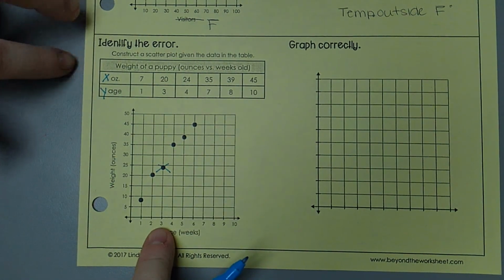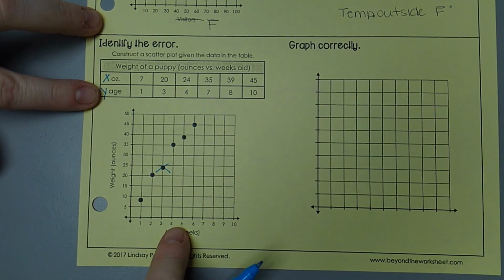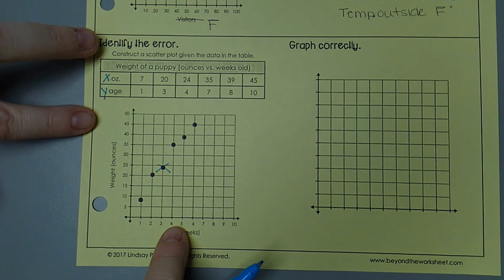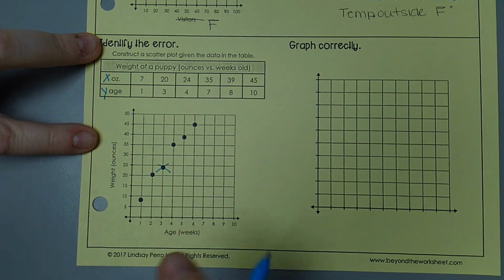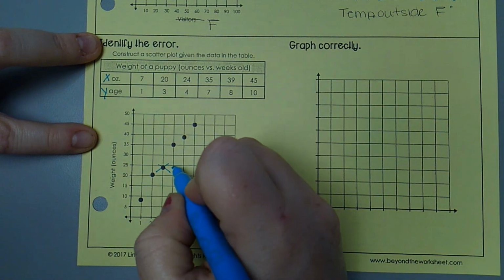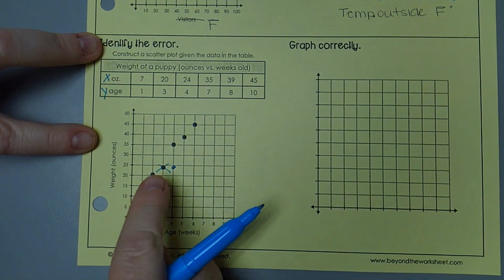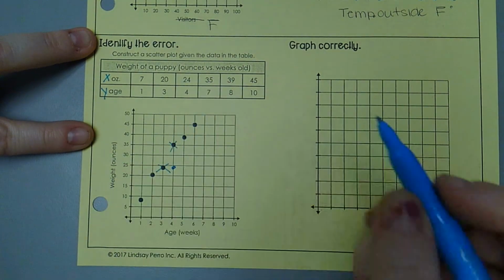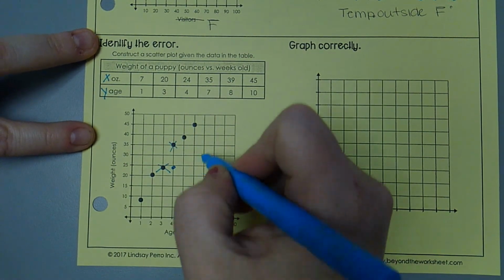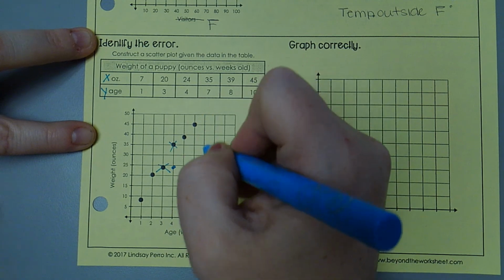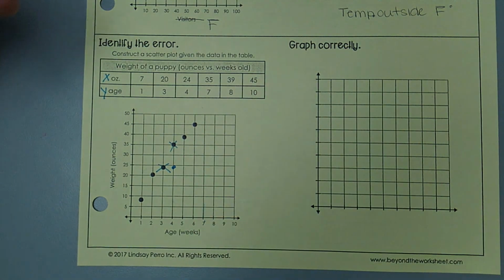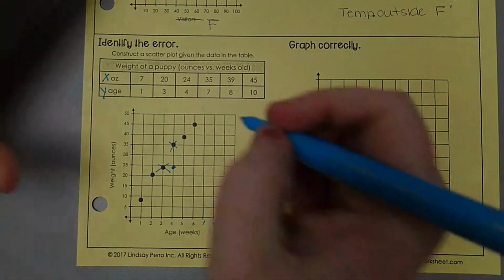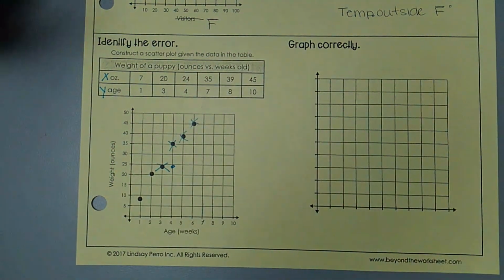I wonder if we should have done that with the top one. That's okay. Age is 4, ounces should be 24. So everything's off 1. I think it's because 2 is there. So that's wrong. Age is 7, and it's not even on here. Like there's no line with 7. So that means these are both wrong as well.